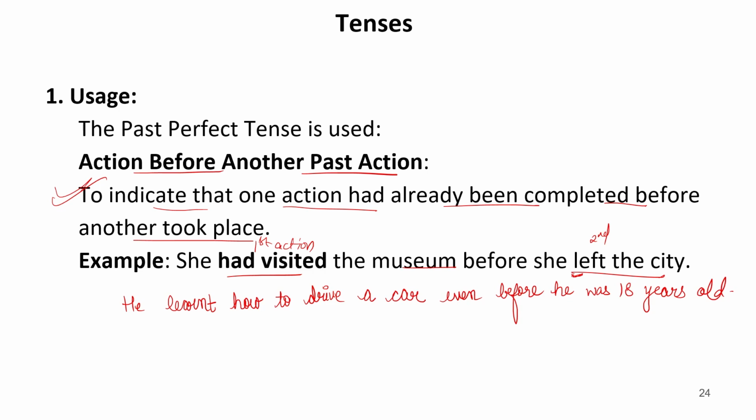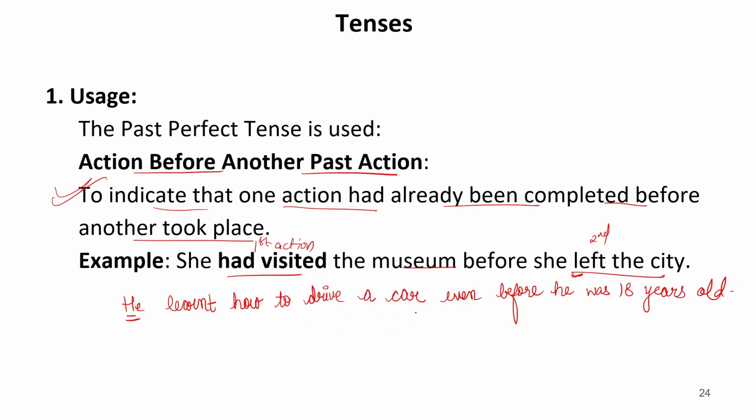But it might happen that people drive the car or other vehicles even before they have achieved 18 years of age. Now we are talking about a boy who had learnt how to drive a car even before he was 18. It means he was less than 18 years old, even then he knew how to drive a car.